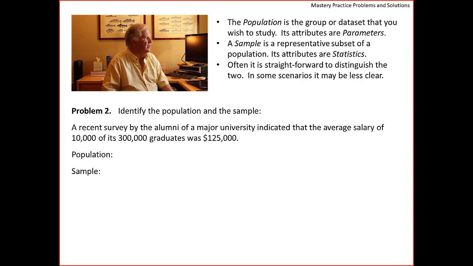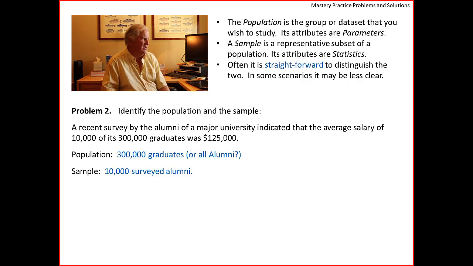It could be all of the alumni. You really have to have an open mind as to exactly what the population is. When you run into a situation like this, if you can, you should answer as I have. I think the best answer is probably 300,000 graduates, because that's what was stated in the problem. But it could be all alumni, and that's how I've indicated it. So we'll call that straightforward as well, and we'll move to problem 3.